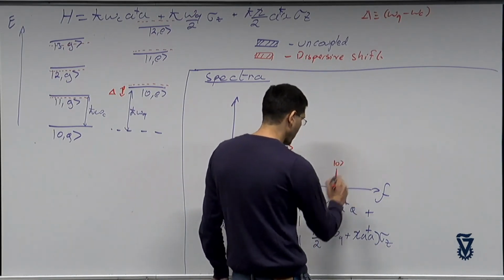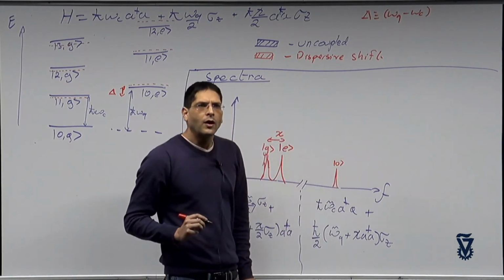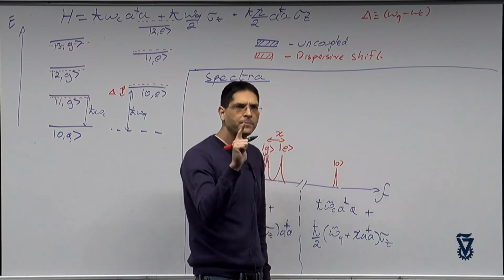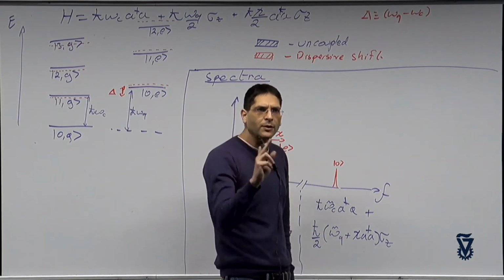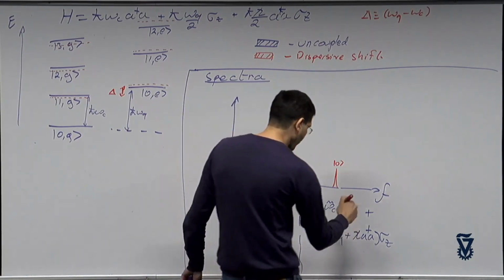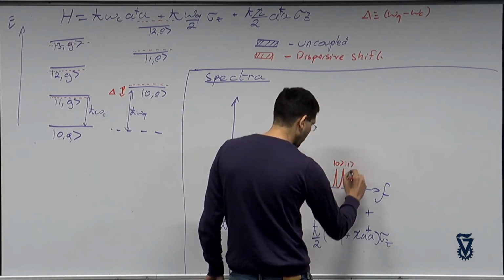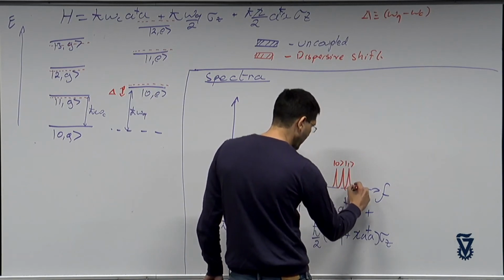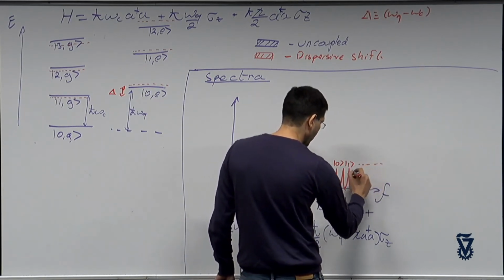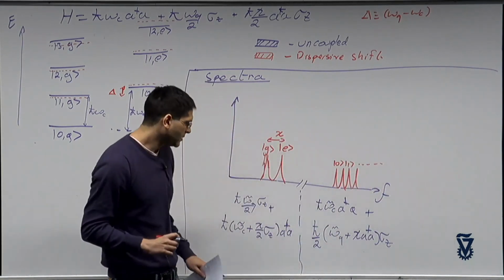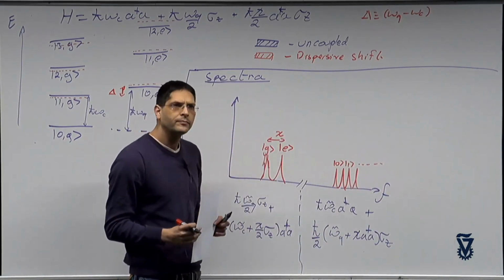This is the transition frequency of the two-level system if there are 0 photons in the cavity. But if there's 1 photon in the cavity, we're going to have another peak. And another peak, and so on for all the photon numbers in the cavity.